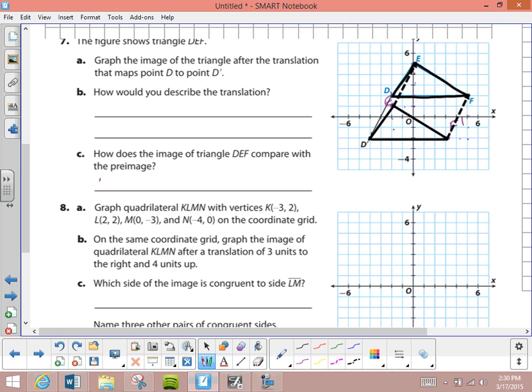You can say a triangle DEF is congruent, that's how you do it, to D prime E prime F prime. And that's it. They're congruent. They're exactly the same, right? It's just at a different position.